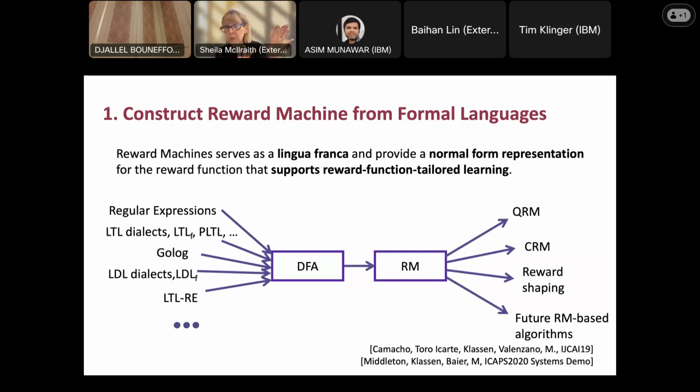Some things will be more naturally expressed in LTL. We can represent them as a DFA, a deterministic finite state automata, translate them to a reward machine, and then use our tailored algorithms or some that somebody else creates in the future, without having to write a new algorithm for every representation, every language that we want to use. So the automata really provide this beautiful normal form structure.